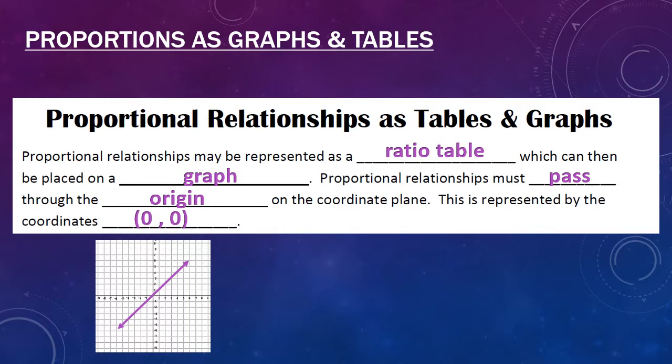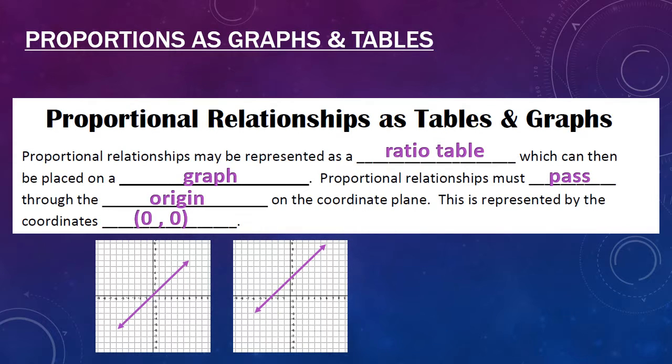So if you look at this example, this is an example of a proportional relationship. This line passes through the origin. So we would say that is a proportional relationship. If you look at this example, this one is not proportional.